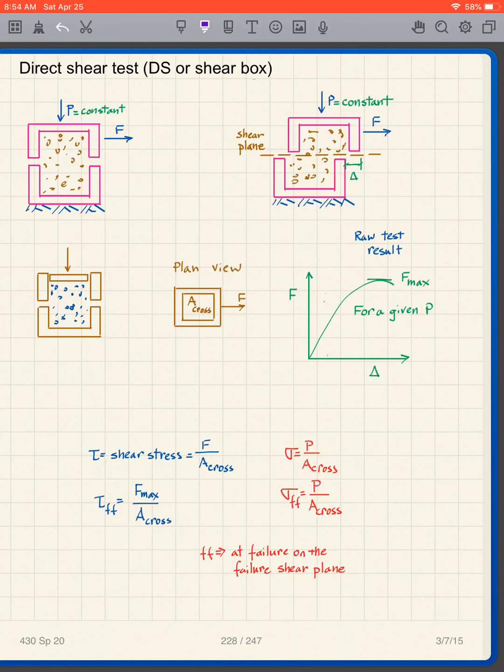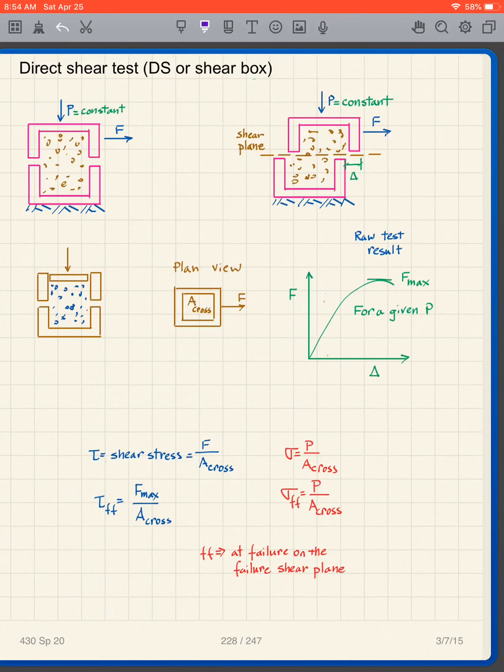We want to convert it to stresses. So the shear stress tau is F over the cross-sectional area. What we're going to call tau FF, tau at failure on the failure plane, is F max over the cross-sectional area.